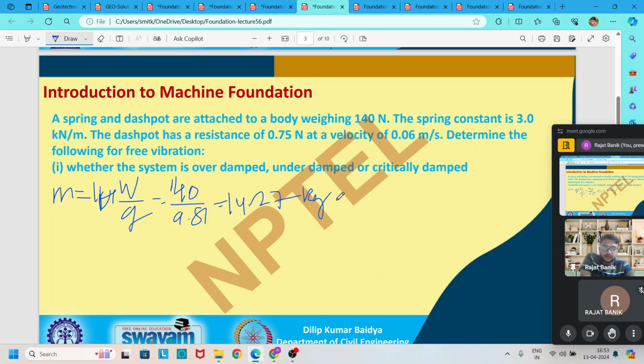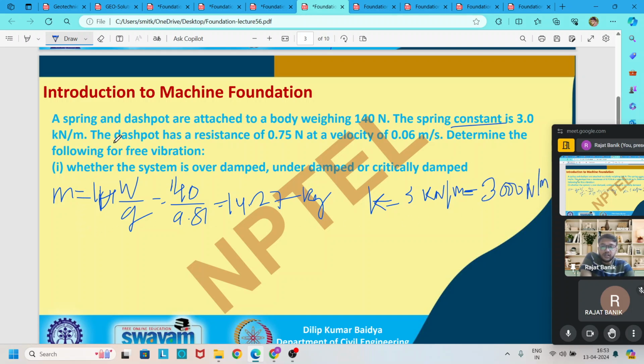Then the spring constant K is 3 kilonewton per meter, which we convert to Newton per meter, equal to 3000 Newton per meter.